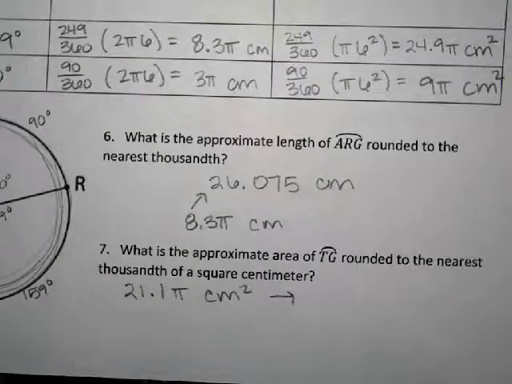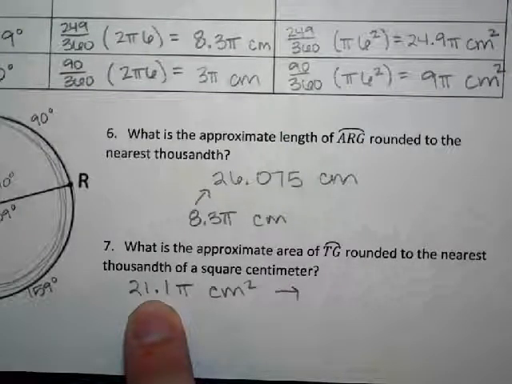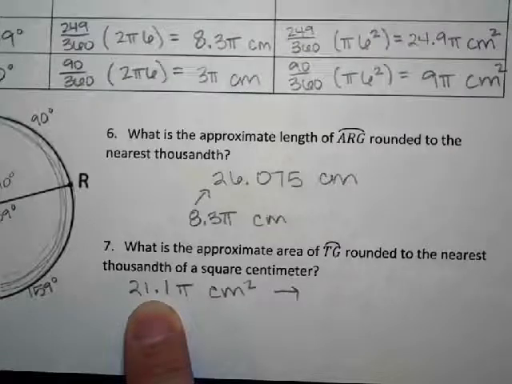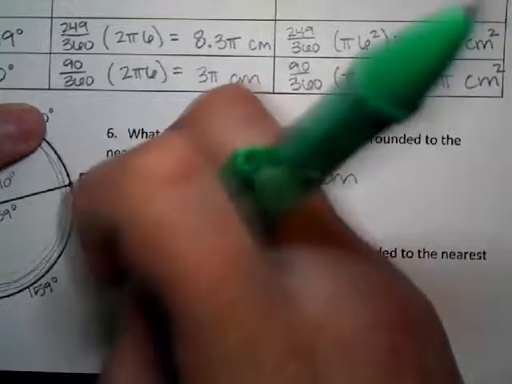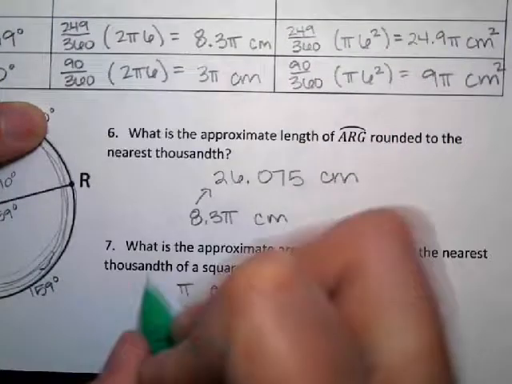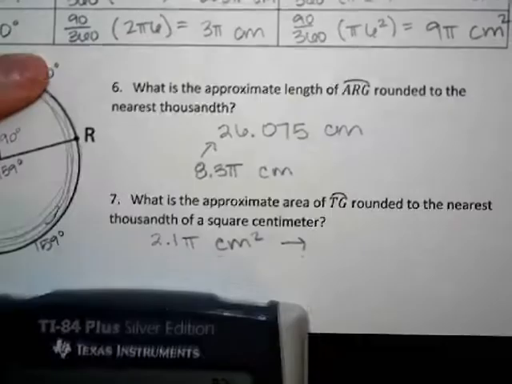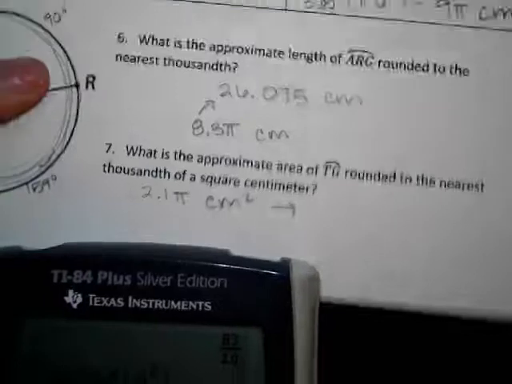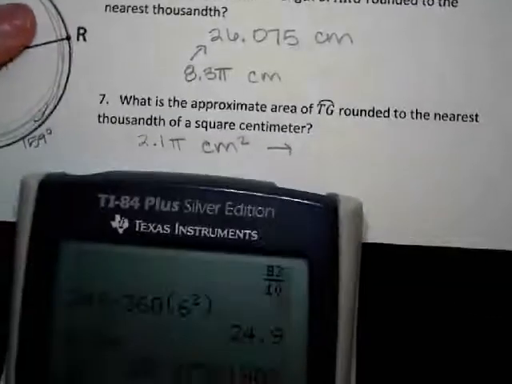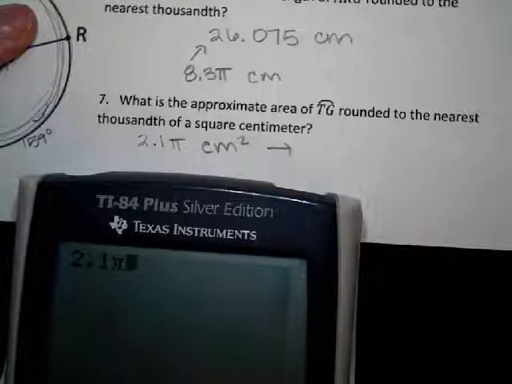Wait, 21 is 2.1. Okay. Sorry, I did not watch the notes, so I'm trusting you guys. 2.1 pi? Okay, so now we need to plug it in. We got to plug it in now?